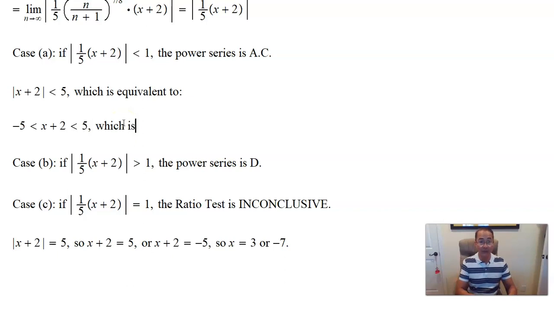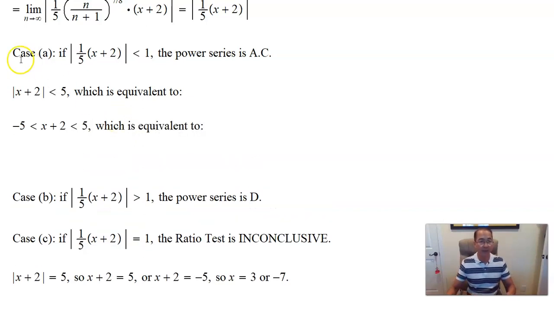Which is equivalent to, okay, so now we get to isolate x. Subtract 2 from all parts, and we're going to get minus 5 minus 2 is minus 7. Wait a minute, that sounds familiar. Oh, it's right there. Less than x, less than 5 minus 2, which is 3.